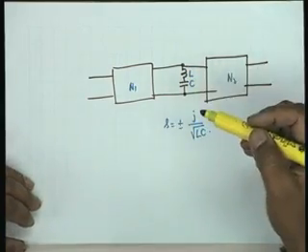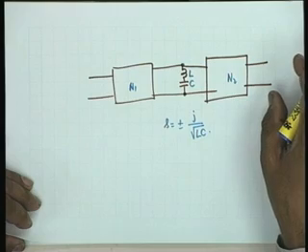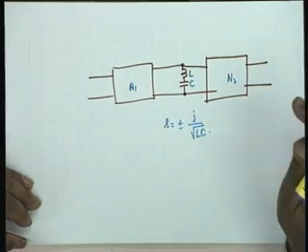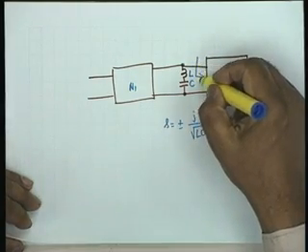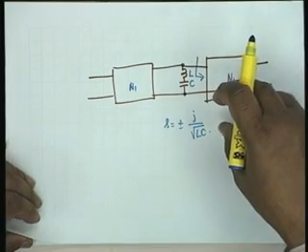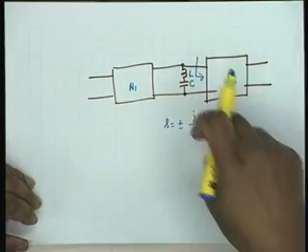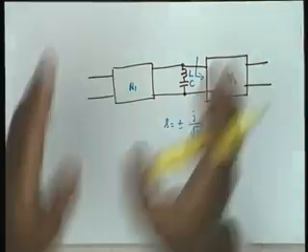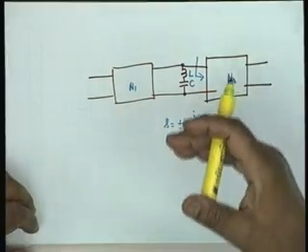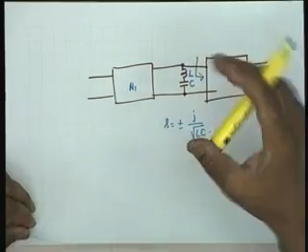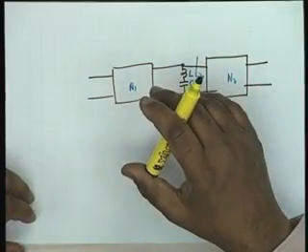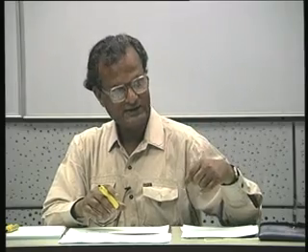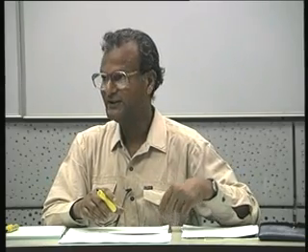If it is a short circuit, then obviously nothing will be transmitted to N2, unless, this exception must be remembered, unless the input impedance here is also a short circuit at these two frequencies. That is, unless the network looking to the right has an input impedance which is also 0 at this frequency. If it is 0, then there shall occur current division between two short circuits. So the zero of transmission shall not exist.